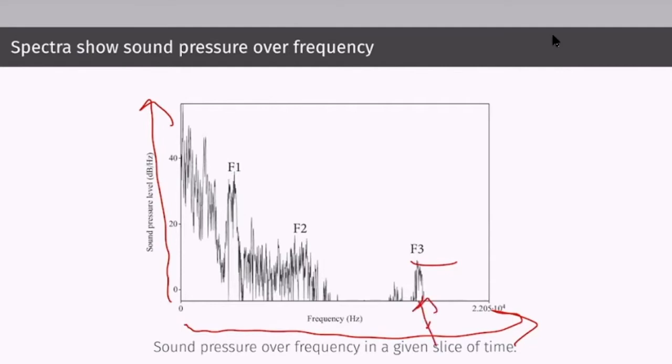So there's a wave in that complex wave that has the amplitude or pressure of about 10, about this much, at this frequency.